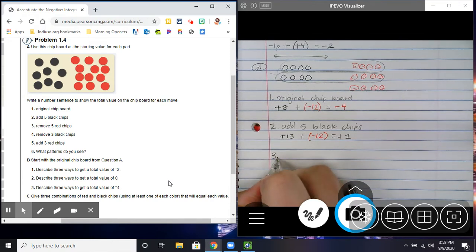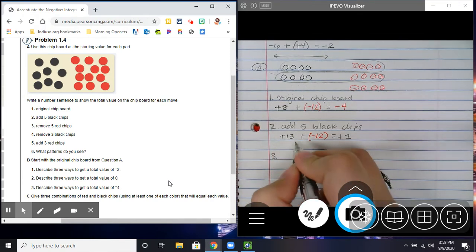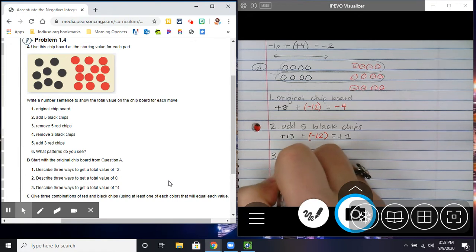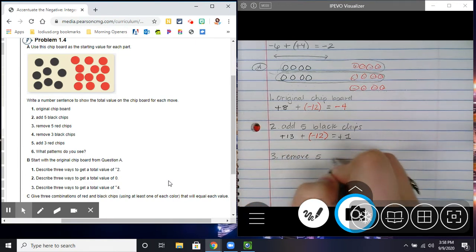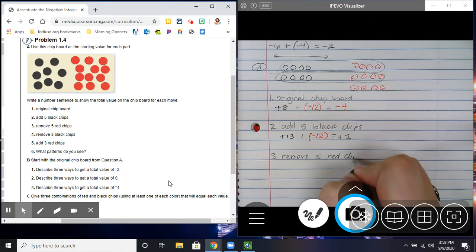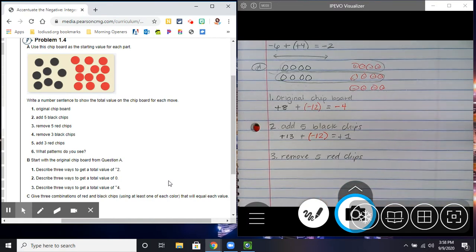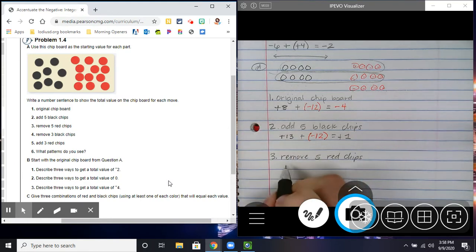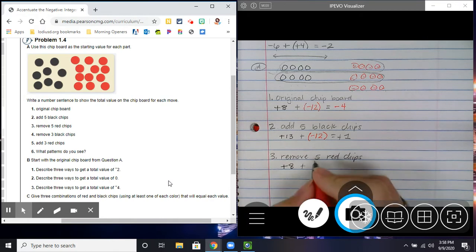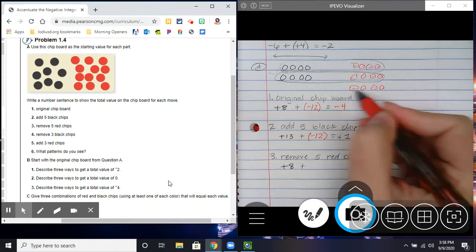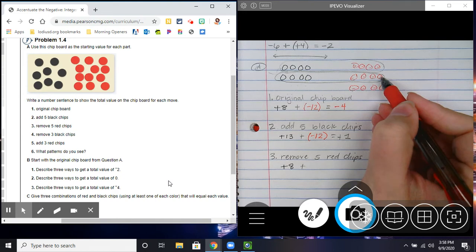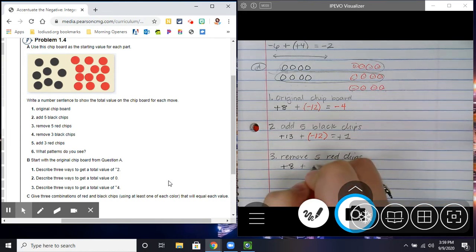Number 3, remove 5 red chips. So we're keeping the same number of black chips this time, which is going to be 8. Removing 5 red chips leaves us with 7.